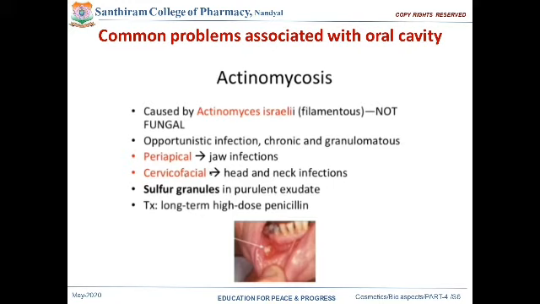So those are the two classic types. And the most important characteristic of this infection is that there's sulfur granules in this really messy, icky, purulent exudate. So basically pus with sulfur granules. And treatment is long-term, high-dose penicillin, which is our classic antibiotic.